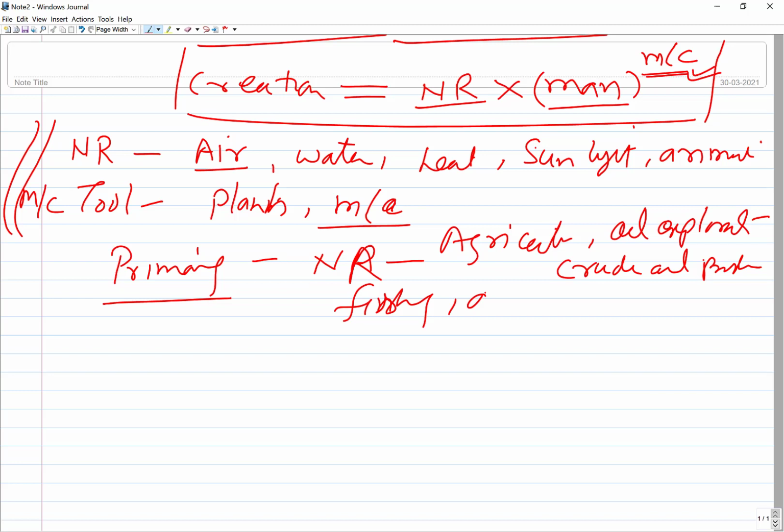So mining, agriculture, etc. All those industries which are involved in, or their product is, say, the agriculture, like wheat or pulses or related things, oil exploration, fishing, crude oil production, etc. All these are the primary industry.